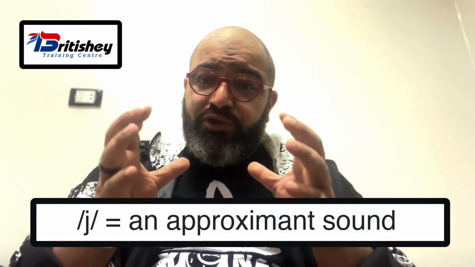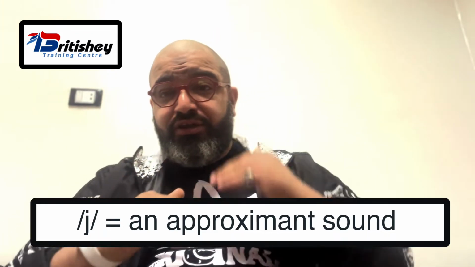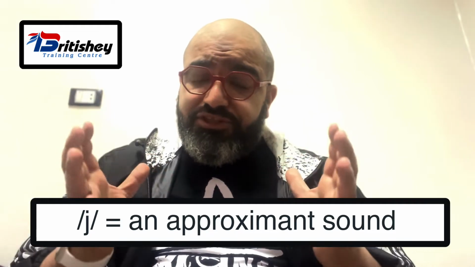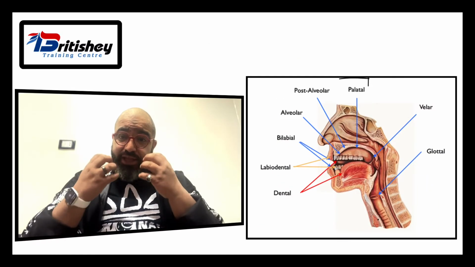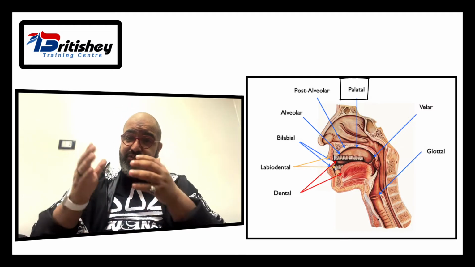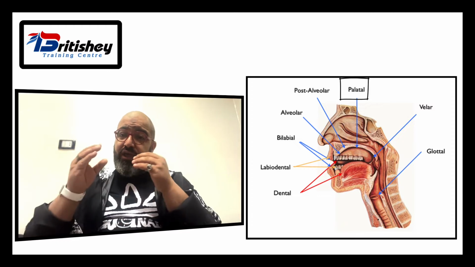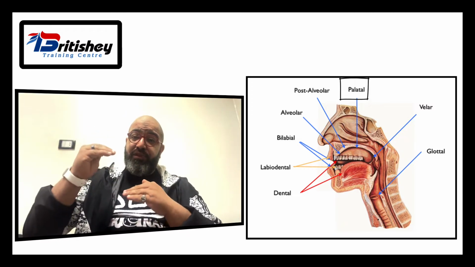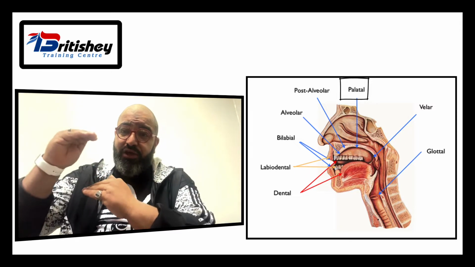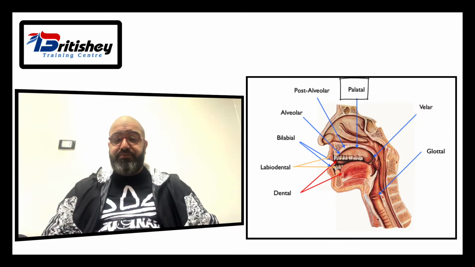That makes it fall in this category between fricatives and vowels. When it comes to the place of articulation, the y sound comes from the palate. It's a palatal sound. And as you see in the picture, this is where, in the organs of speech diagram, palatal sounds are made. Also, the y sound, when it comes to energy, is a voiced sound.